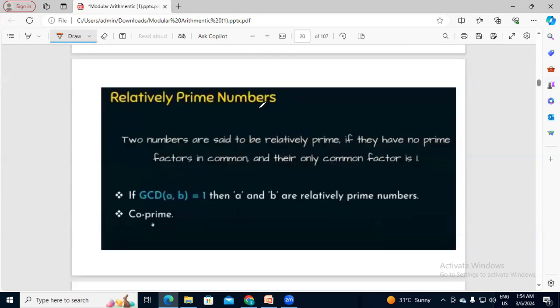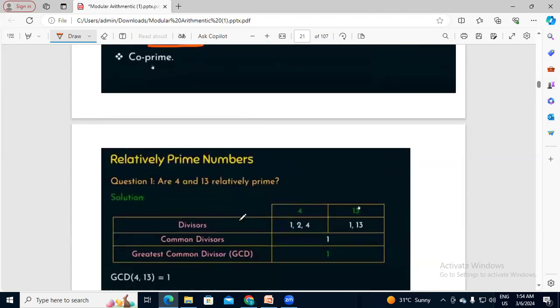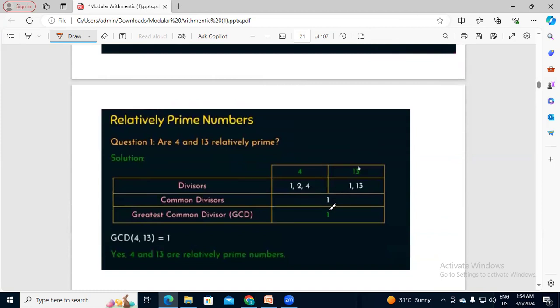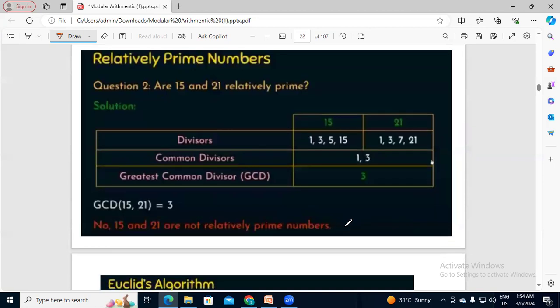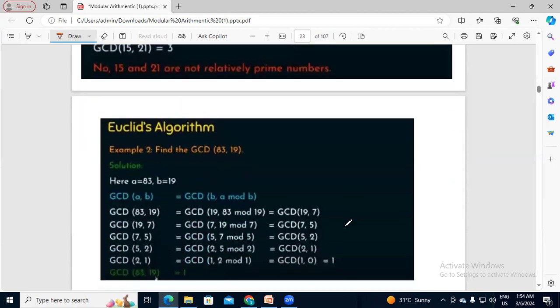Then we have relatively prime numbers, a concept we have discussed. When the GCD of two numbers is 1, we call them relatively prime or co-prime numbers. If not, then they are not relatively prime.